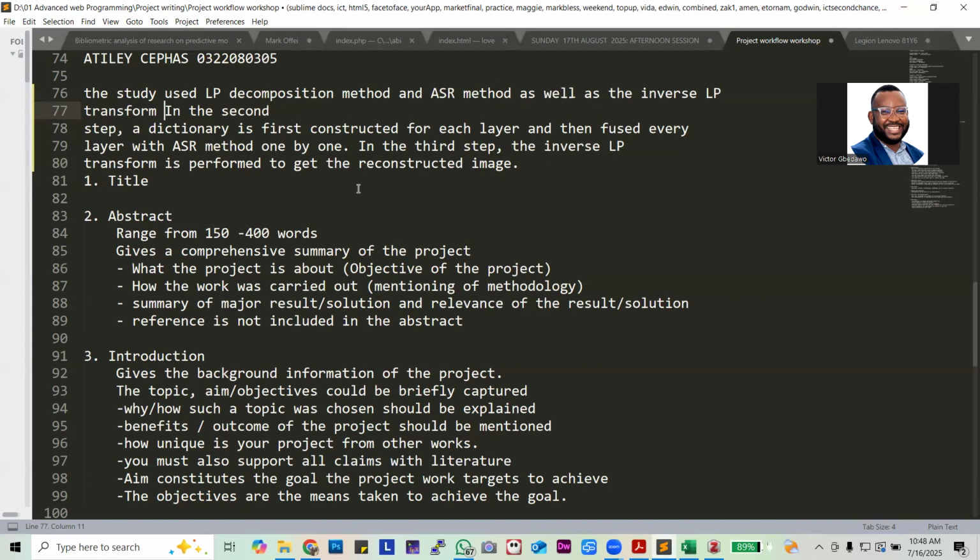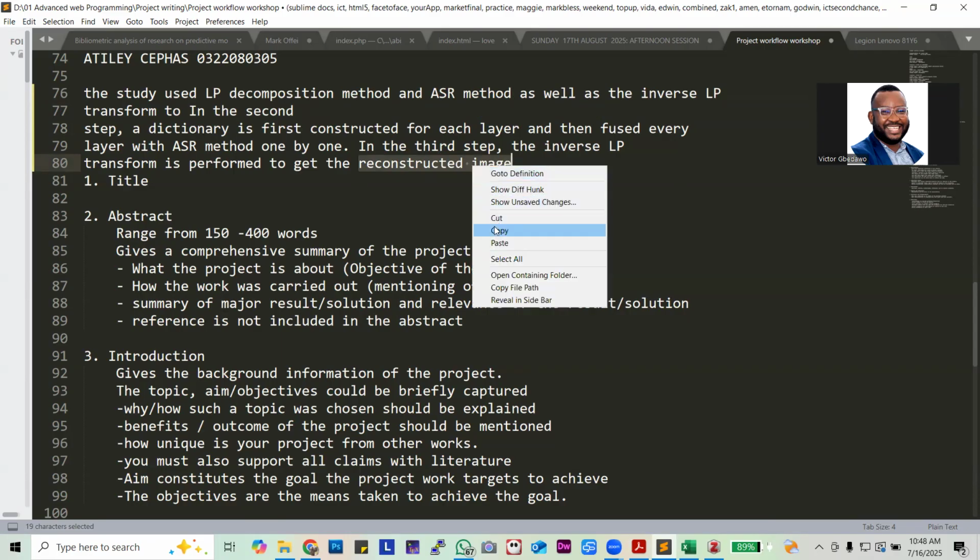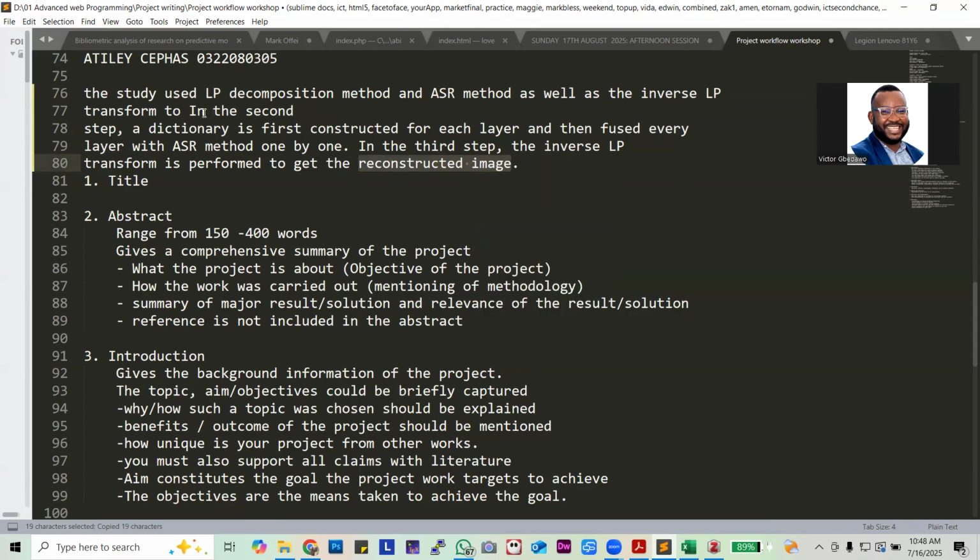So to reconstruct images as a single file. So this is what it is.